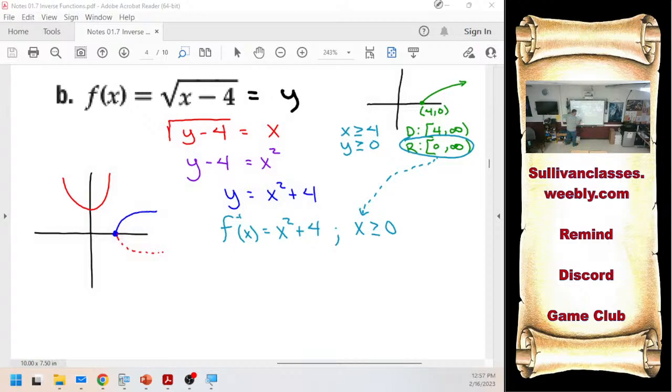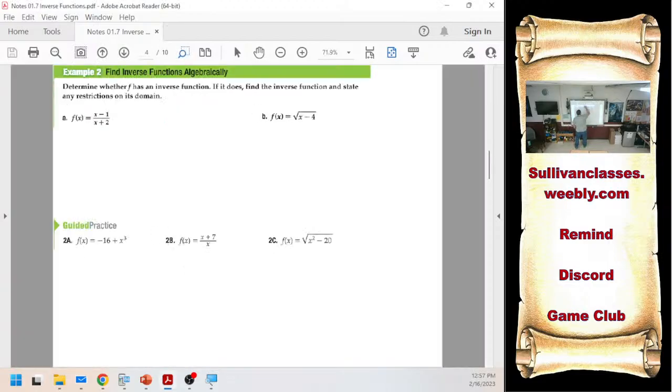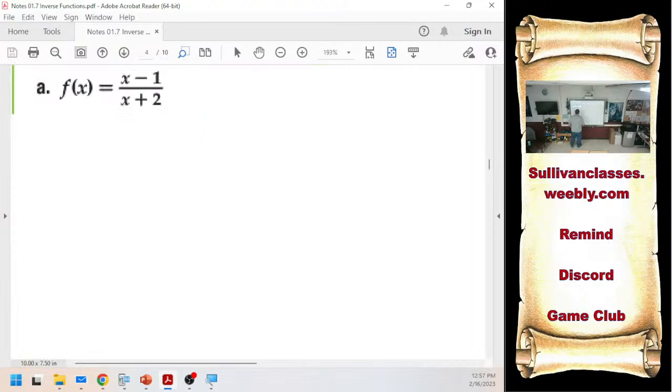So what we do, we restrict the range on a square root, which means I need to restrict the domain on the parabola so they'll actually be inverses. Okay? So you swap x and y, get y by itself, double check your domain at the end.